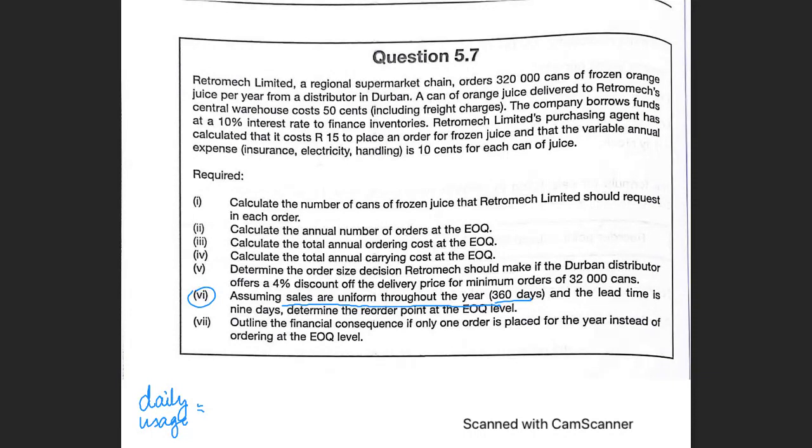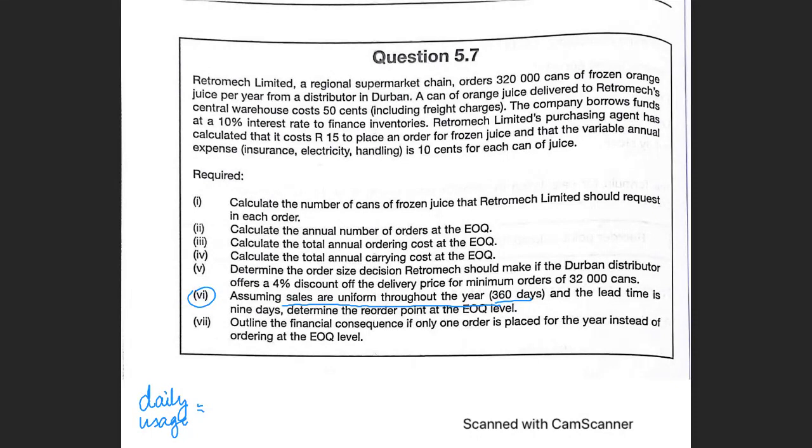So before we even move on with the rest of the question, let's stop and work out something. Since they said that sales are uniform throughout the year, this means that every day the sales will be the same. That's what they mean by uniform throughout the year. So let's work out what the daily usage will be.